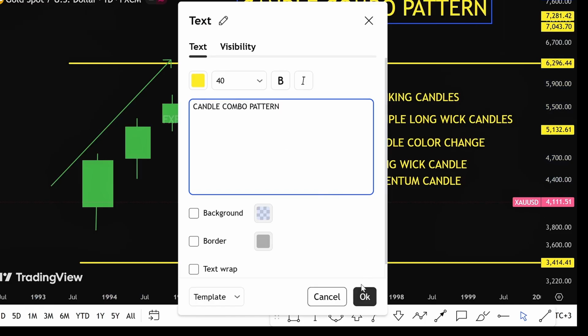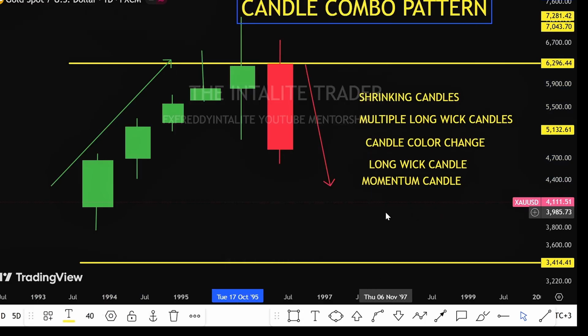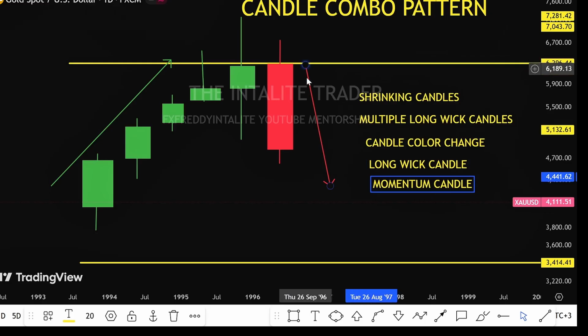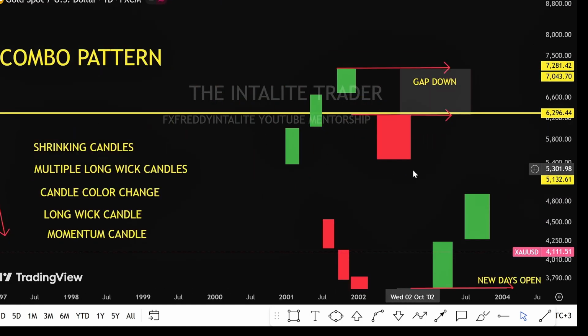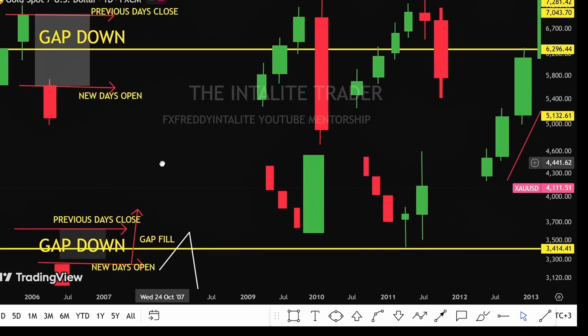A candle combo pattern increases the confluences of price going in your direction. The same thing happens in a downtrend. We have seen combo pattern, we have seen gap down candles.